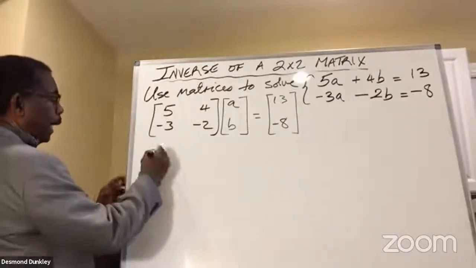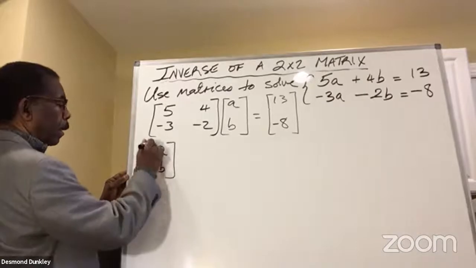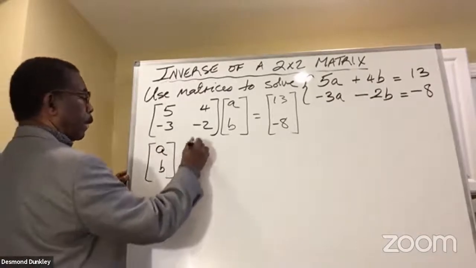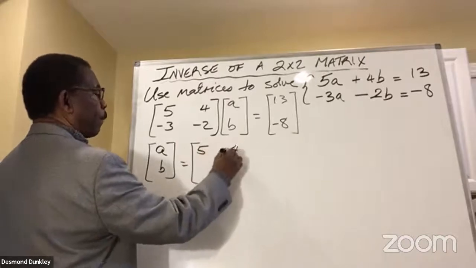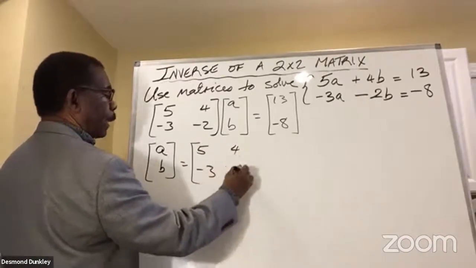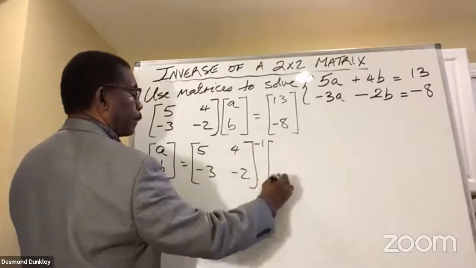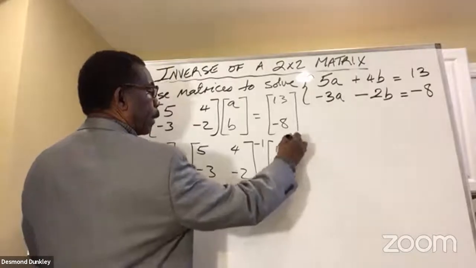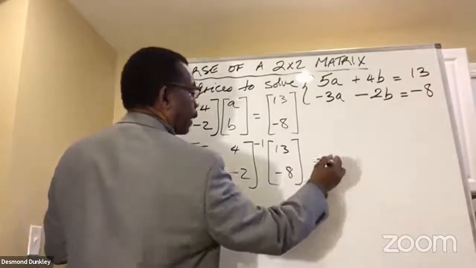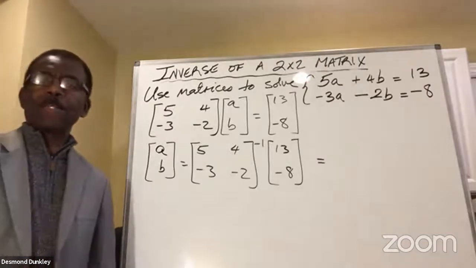So therefore, a, b is going to be equal to the inverse matrix of 5, 4, negative 3, negative 2 times 13, negative 8. And that's going to give us, we'll see, let's go.